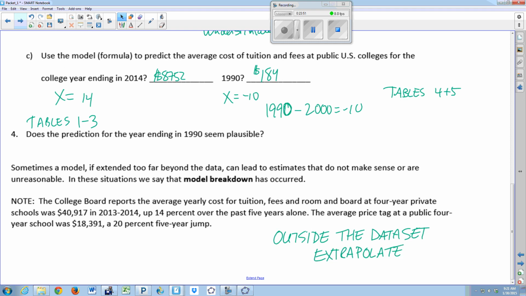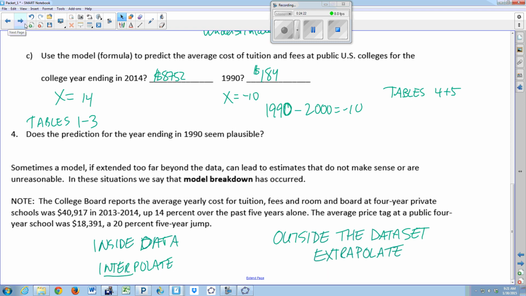When you stay inside your data set and you use it to estimate, like if we did every other year instead of every year from 2000 to 2010, say we just did the even years and we wanted to use our model to predict the odd years, we'd be inside our data set. So when you're inside your data set, that's called interpolation, okay? Interpolation. So you're going to be doing some of this modeling throughout the semester.